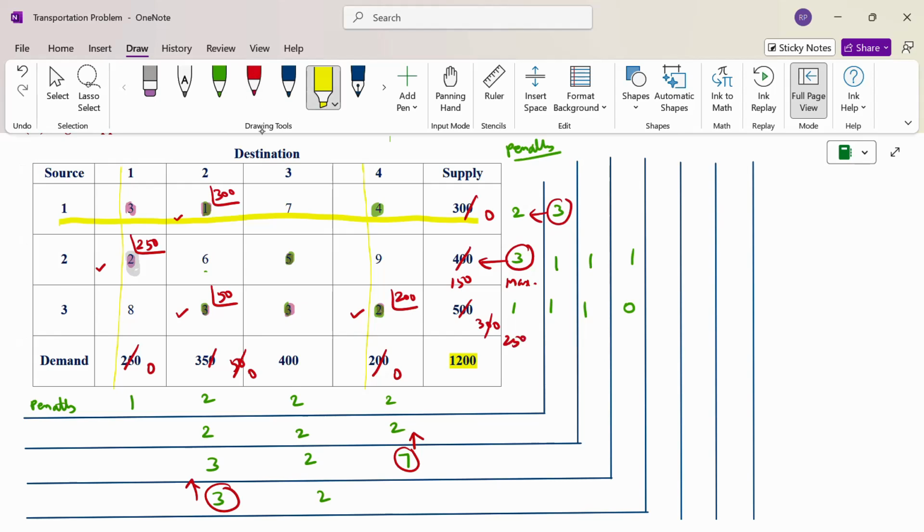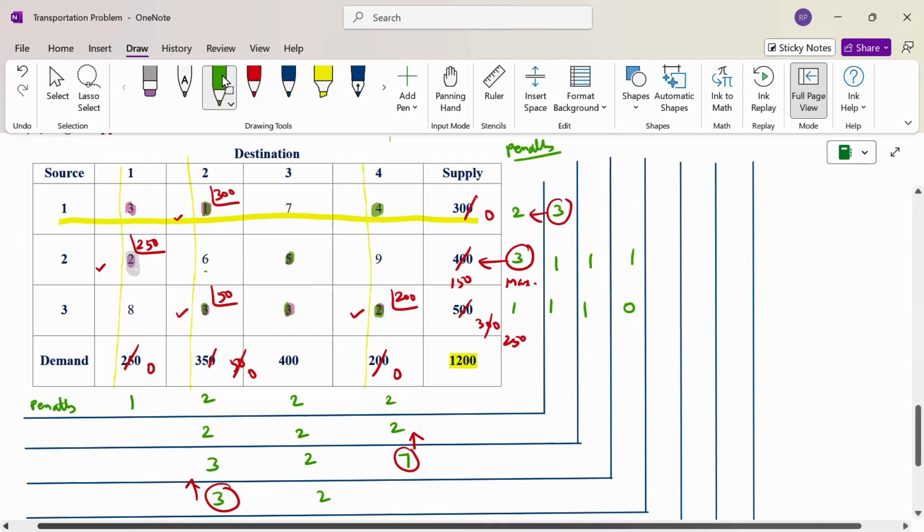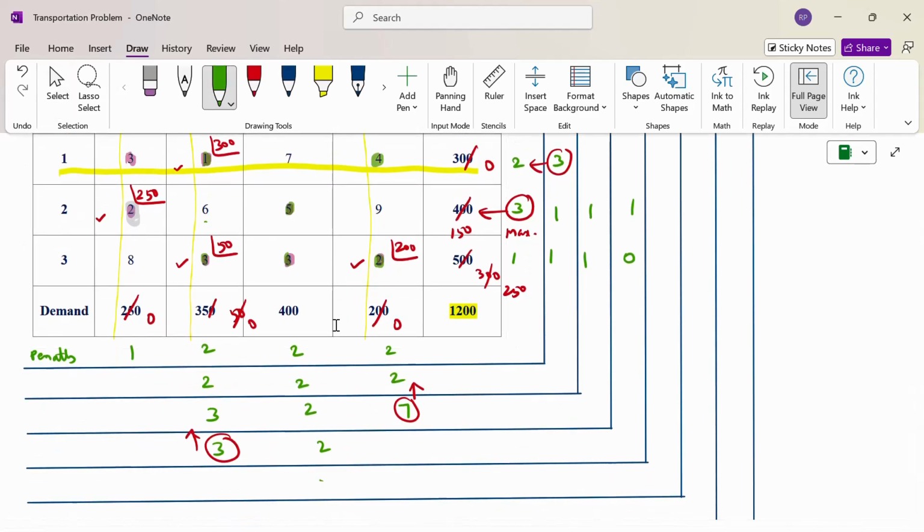Now delete this column. Now see only the column is possible, the difference 2. When I select only this 2, the least number 3, in this 3 only 250 is possible to allocate, so 150, 0. Now delete this row, and then finally allocate 150 here, so 0 0.